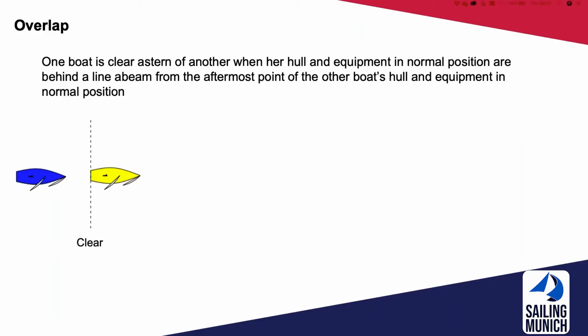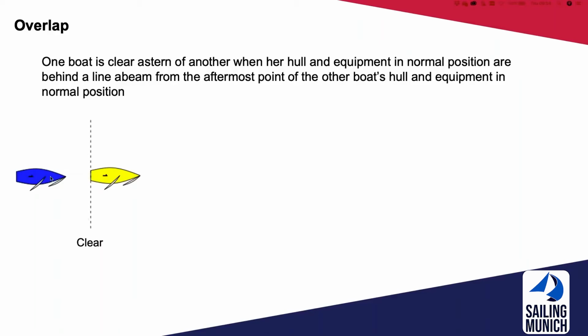Here, we've got blue and yellow again. In this situation, to decide if they're overlapped, we just draw a dotted line from the aftermost point of yellow's hull and equipment in normal position. So we ask ourselves, what is the furthest back point of that boat's hull and equipment? And we draw a perpendicular line across it, like so.